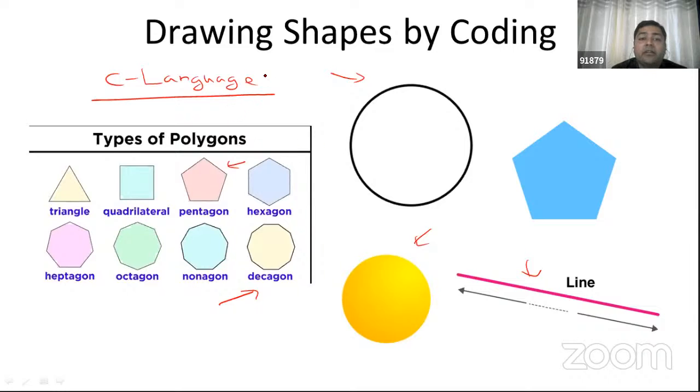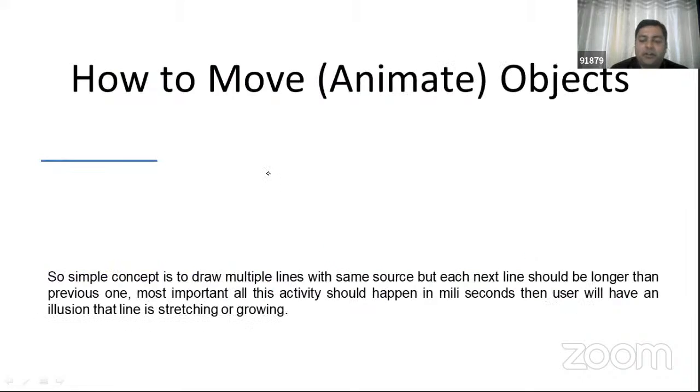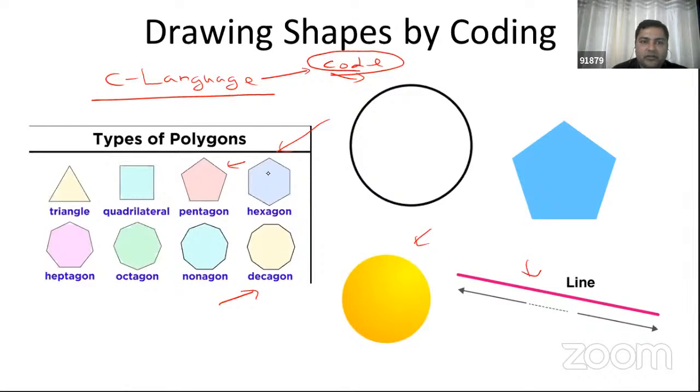But the difference between creating these things in a normal fashion and in C language is that for C language, you have to write code. A program has to be written to develop these shapes, right? So let's move on to this interesting journey. Of course, so this was the first thing.